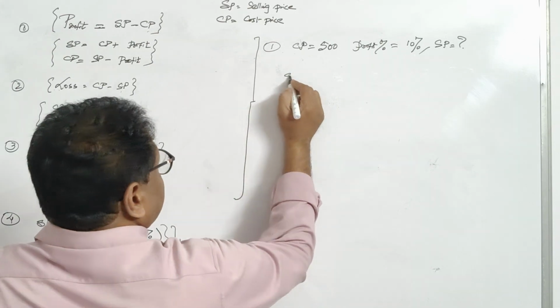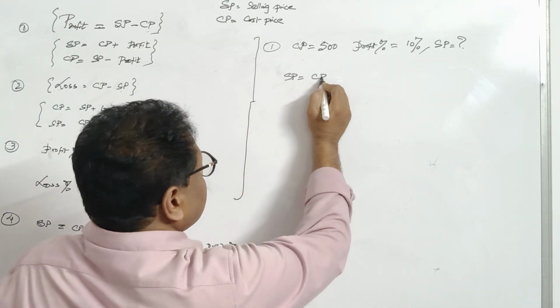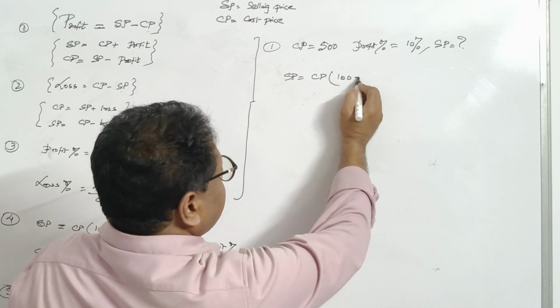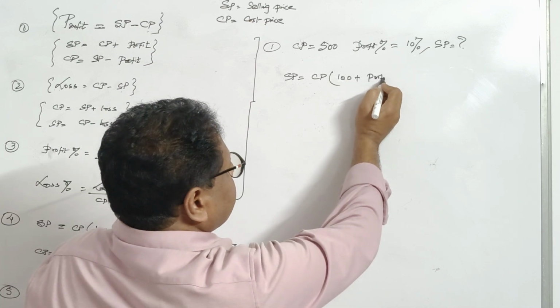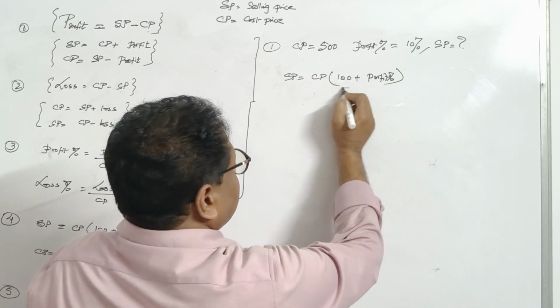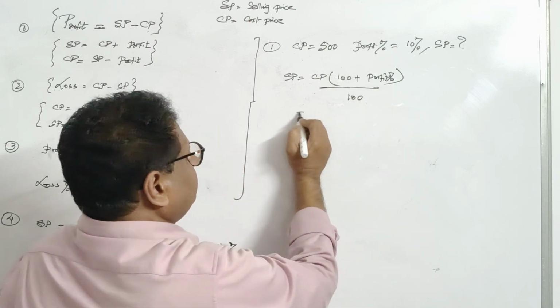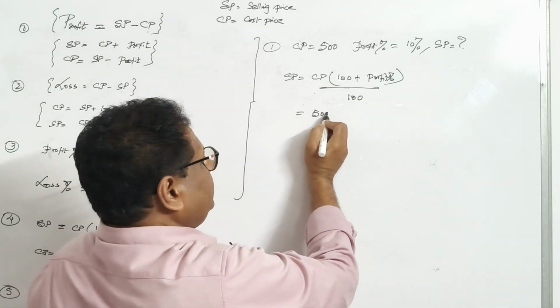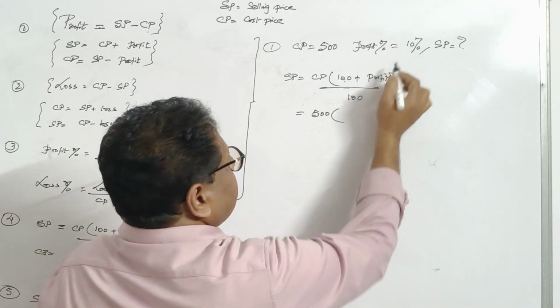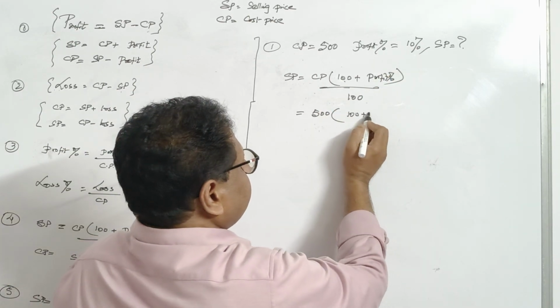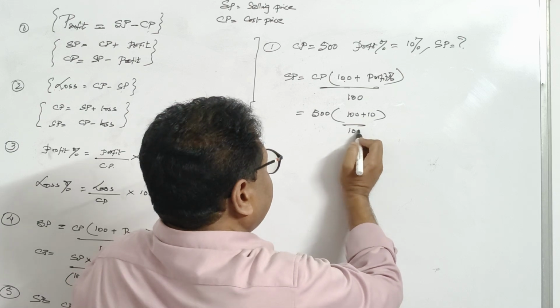So let's find out. Selling price equals cost price into (100 plus profit percent), the whole divided by 100. The cost price is 500, 100 plus 10 divided by 100.